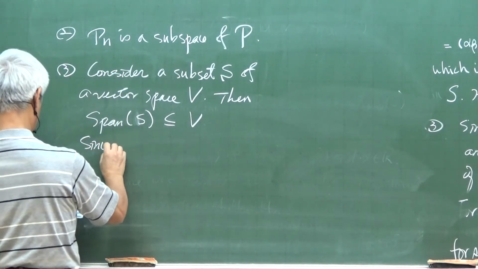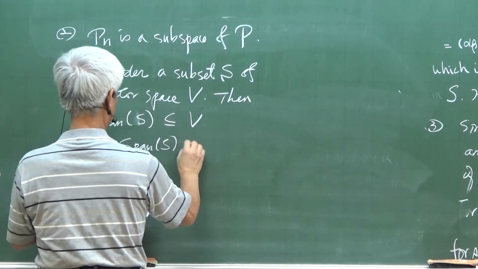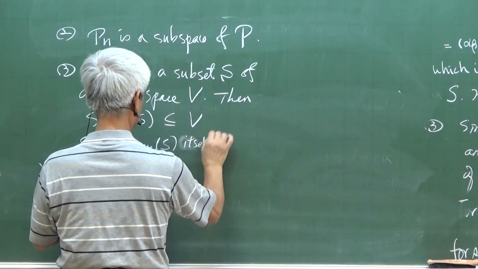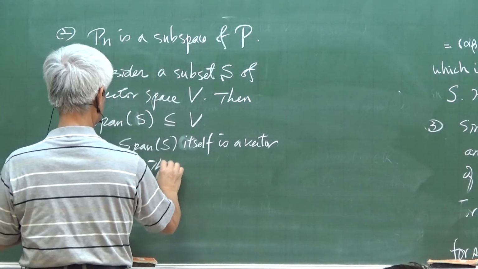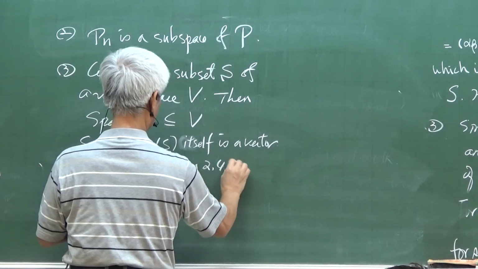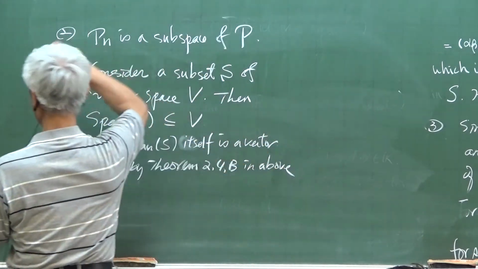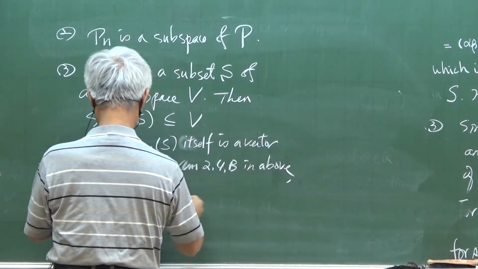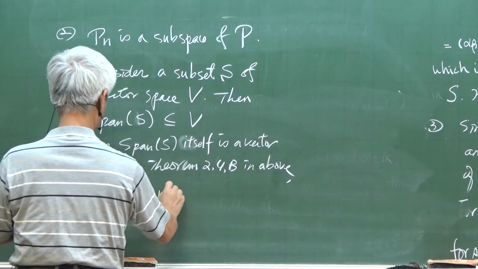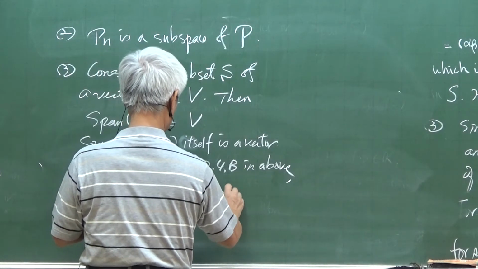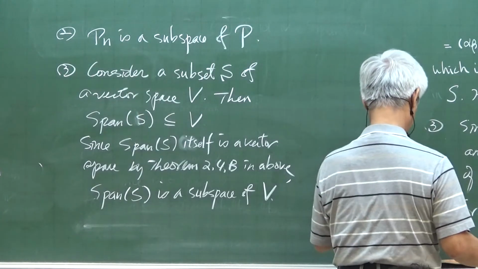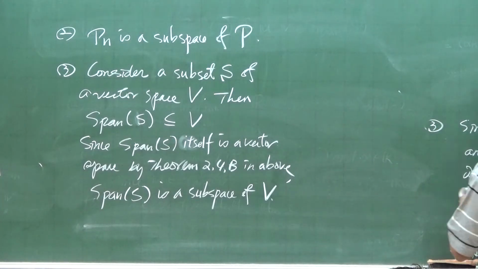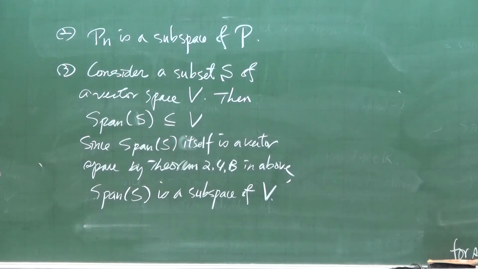Now since the span of S is itself a vector space, by theorem 2.4.b above, in this example the span of S is a subspace of V.